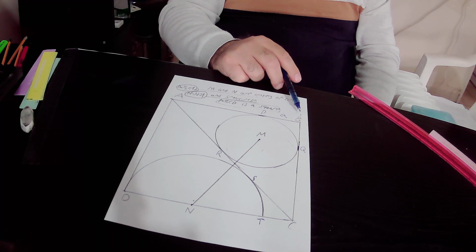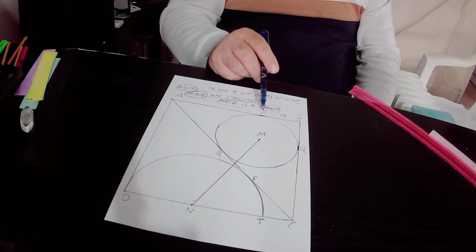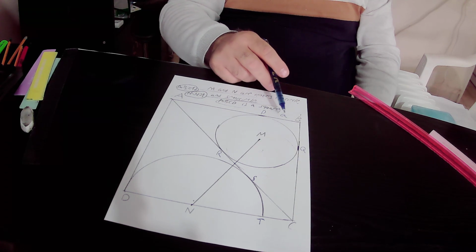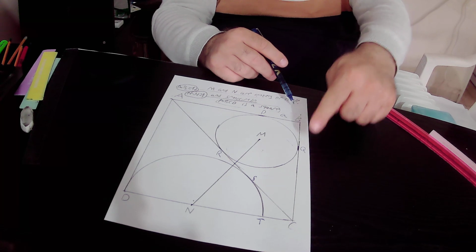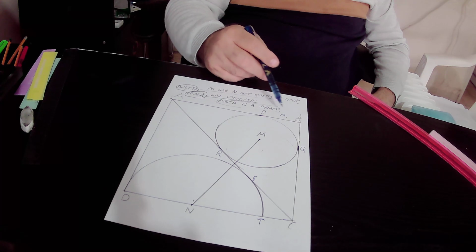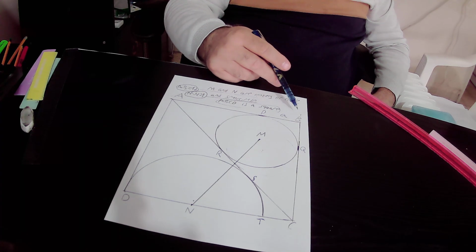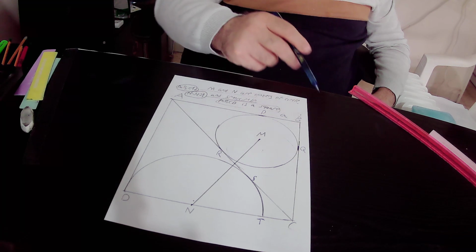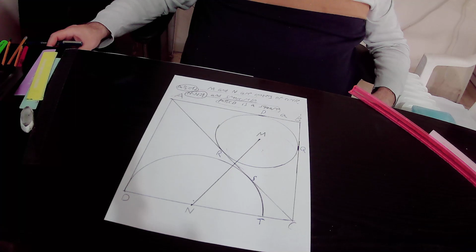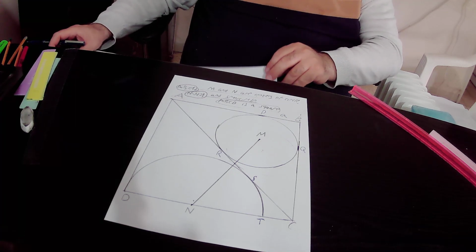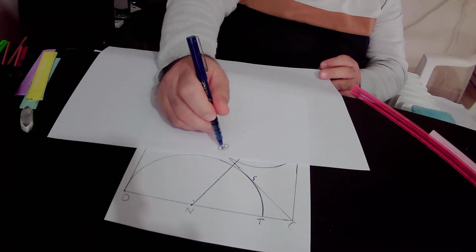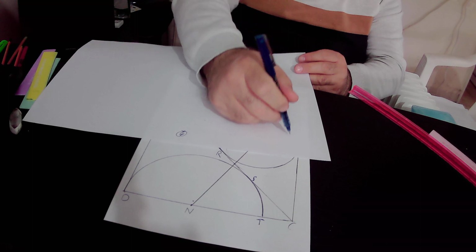The first tangent is tangent BP, the point of tangency is point P, and the second tangent to this circle is tangent BQ. And according to rule number 1, the lengths of those two tangents are equal to each other. That is to say, BP is equal to BQ. So you can write down that according to rule number 1, BP is equal to BQ.